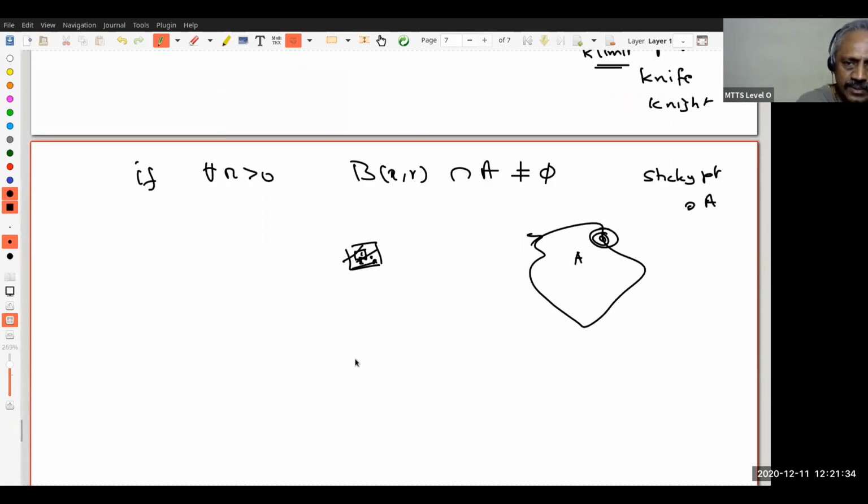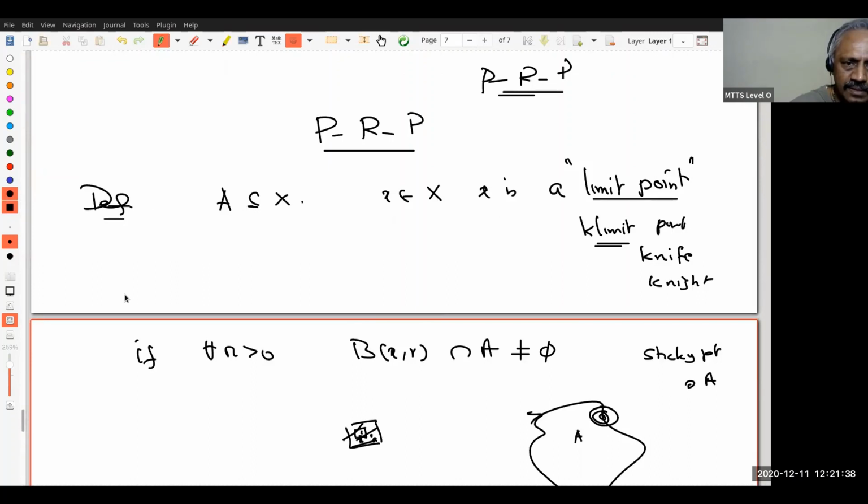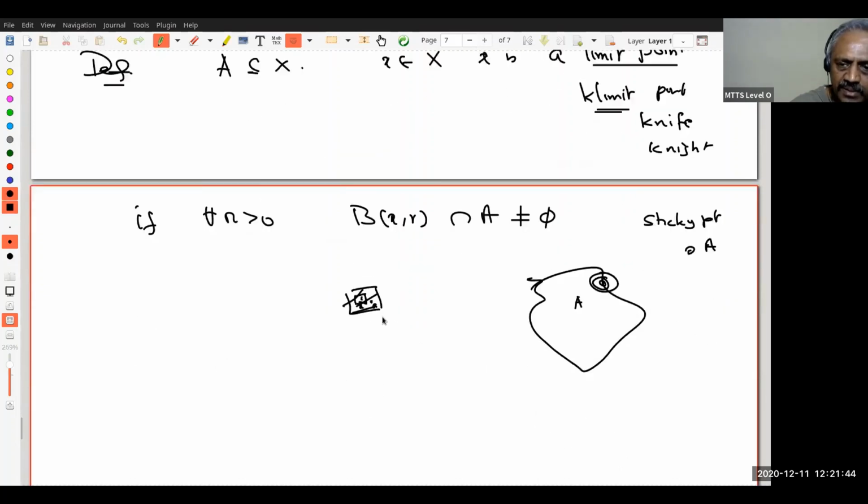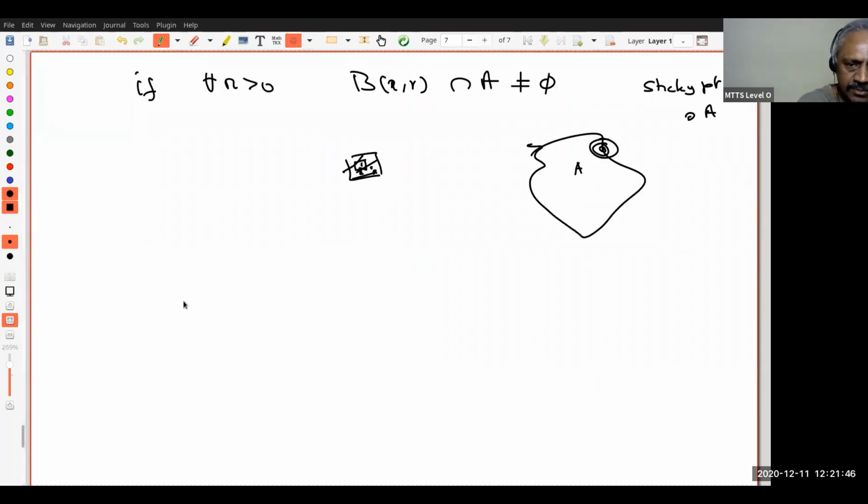Anyway, you understand this definition? So I say x is a limit point of A if for every R positive, B(x,r) intersection A is not empty. Just to make sure you understand, let's look at the interval AB. Take any point, whatever be the radius, you will see there is always a point in the interval AB.